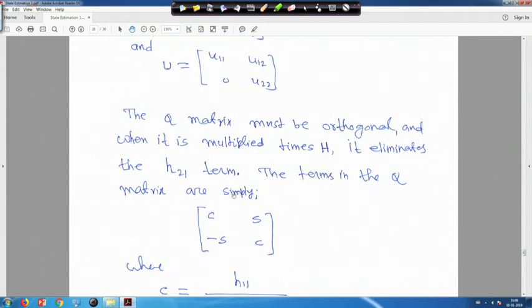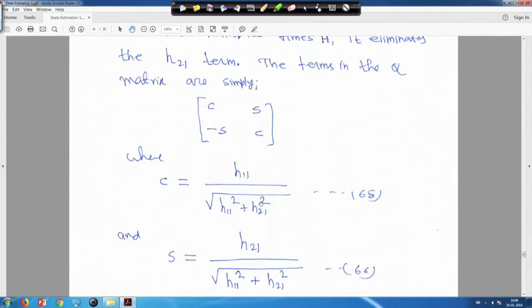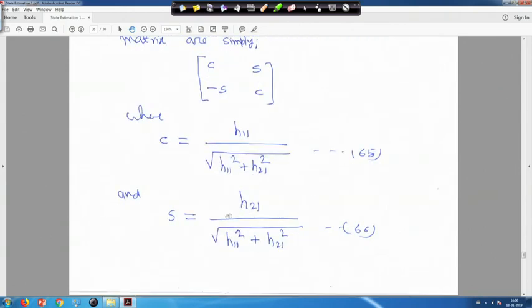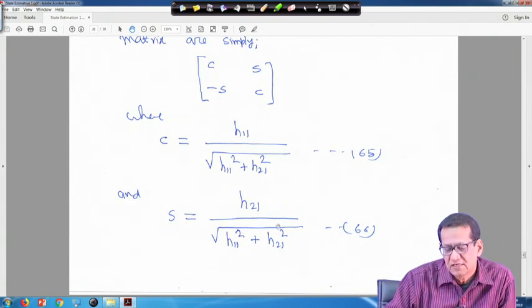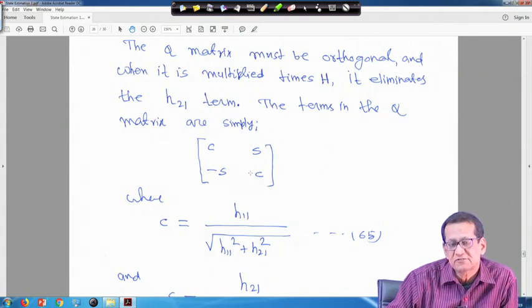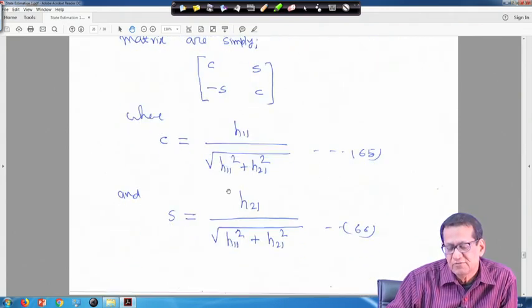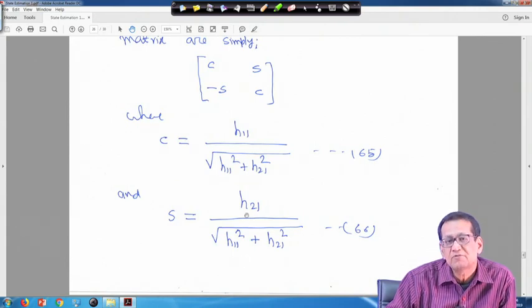The terms in the Q matrix are simply C, S, minus S, C, where C is equal to h11 over the root of h11 square plus h21 square, and S is equal to h21 over the root of h11 square plus h21 square. If you take the determinant of this matrix, it will be C square plus S square, because it is C square minus of minus S square. So, C square plus S square will be 1. If you add these two, it will be 1.